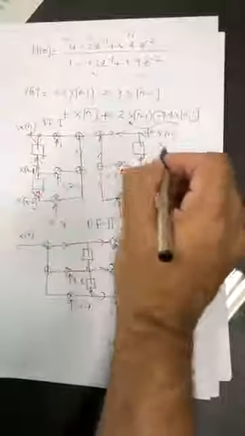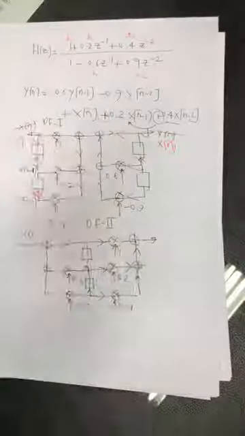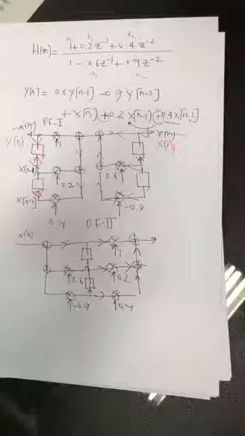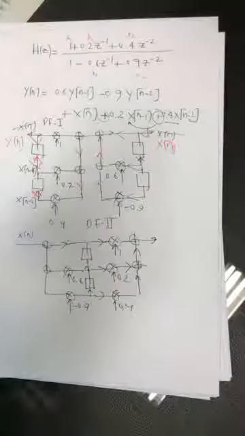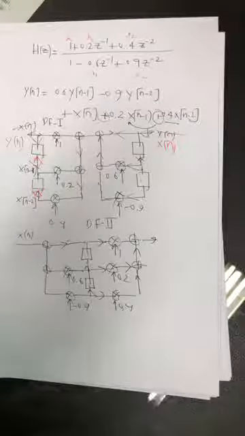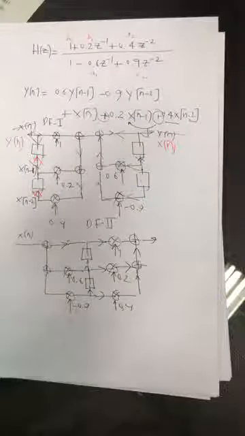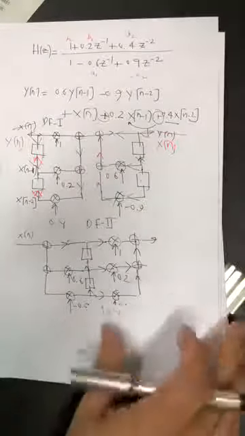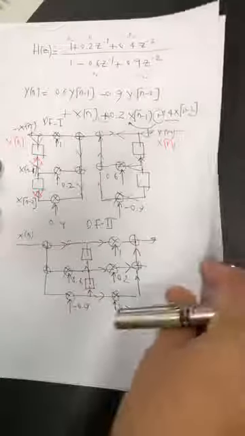I don't mind even if y of n becomes x of n and x of n becomes y of n. If you draw it like this, it is okay. But usually you draw the input on the left and output on the right. It does not really make any difference otherwise. And similarly for this also, you invert all the arrows.